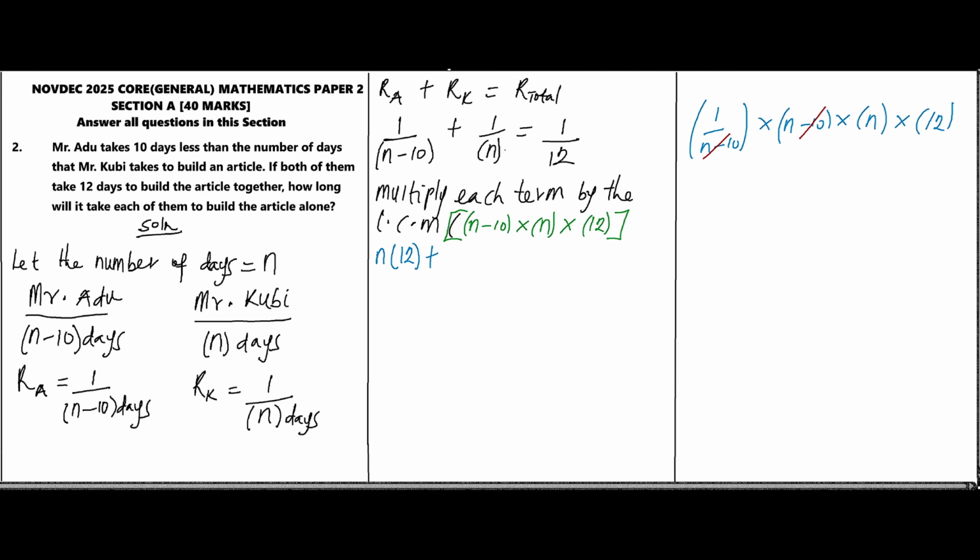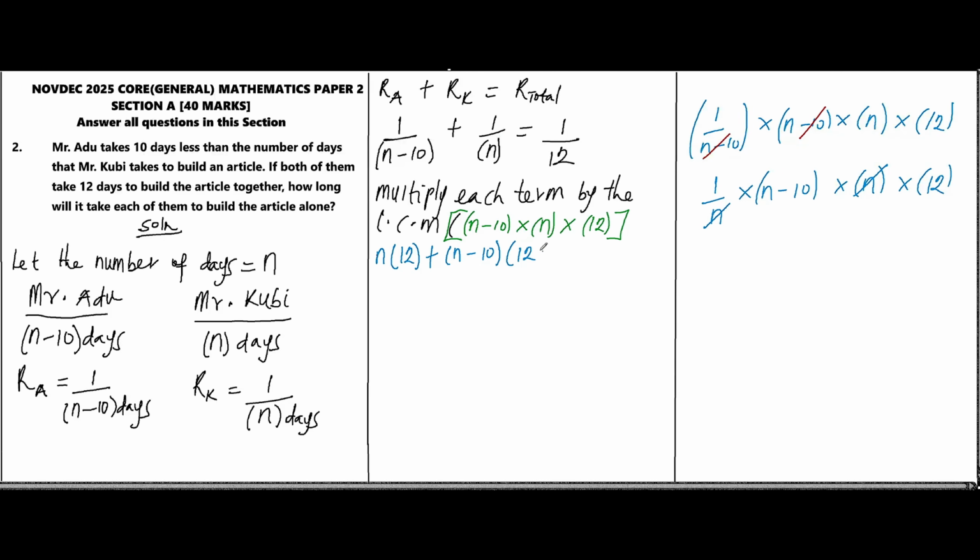Now, the second term, we have 1 out of n multiplied by n minus 10 multiplied by n multiplied by 12. Again, you could see that n will cancel out, leaving 1 multiplying the expression n minus 10 multiplying 12. We know that 1 multiplied by n minus 10 is n minus 10. So we have n minus 10 multiplying 12.